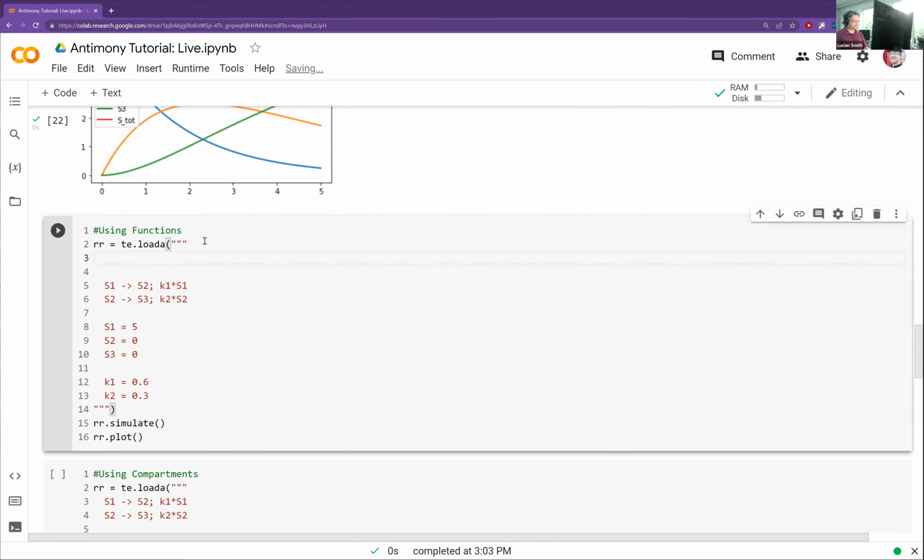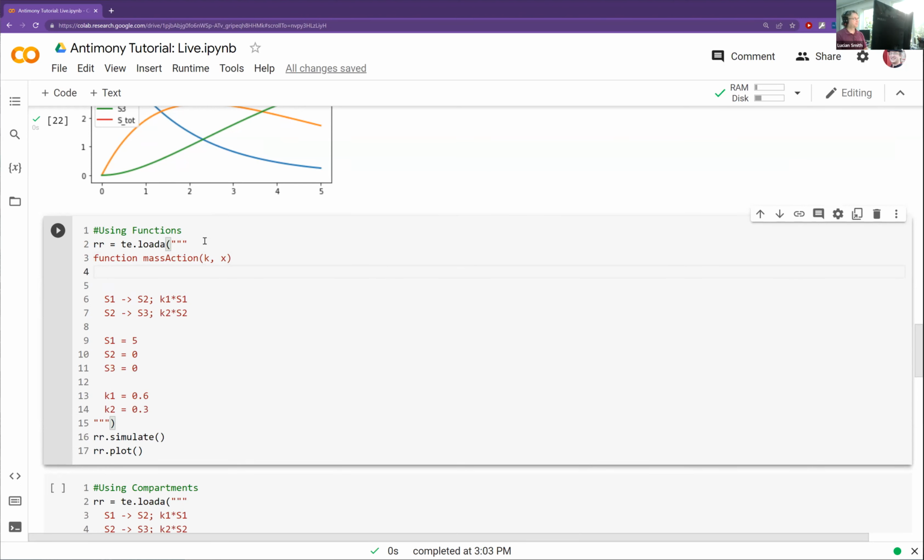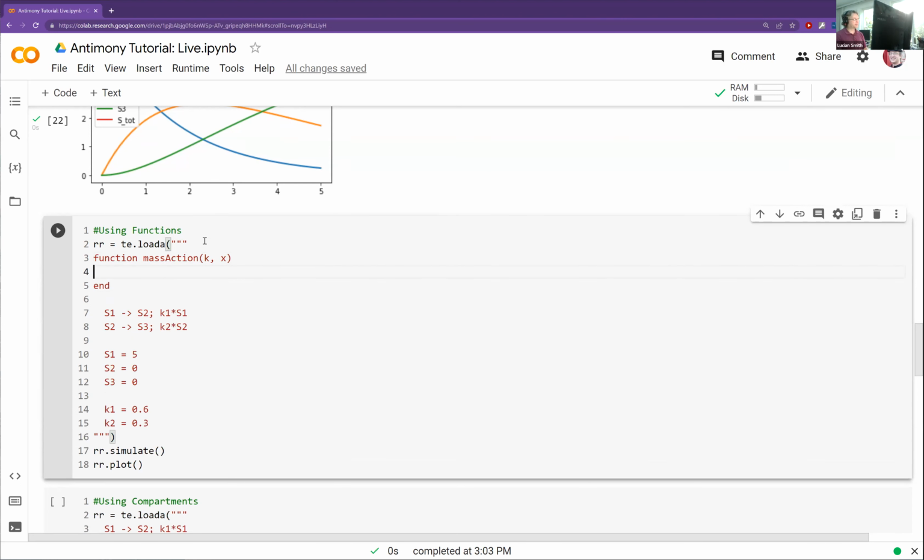So the way we do that is with function mass action(K, X), and then at the end of the function we use the end keyword, and then you just write the formula here, K times X, which is a really simple thing.